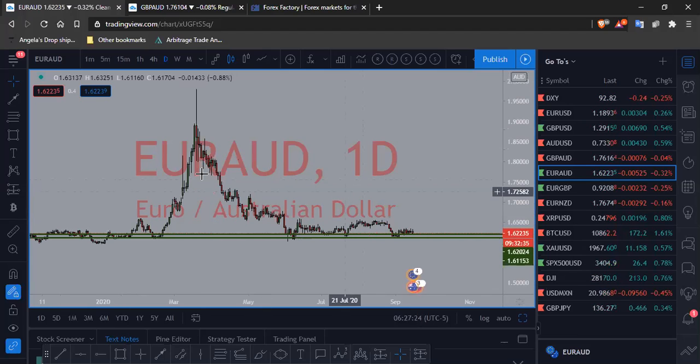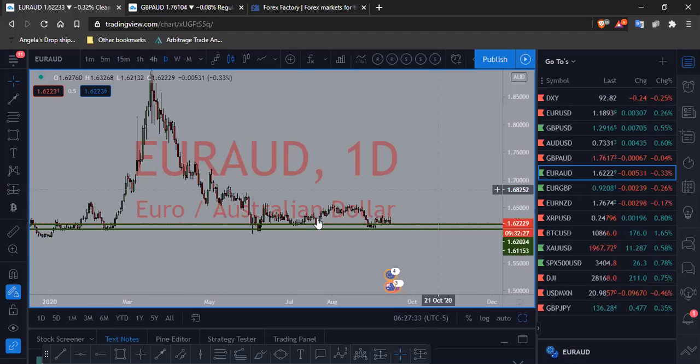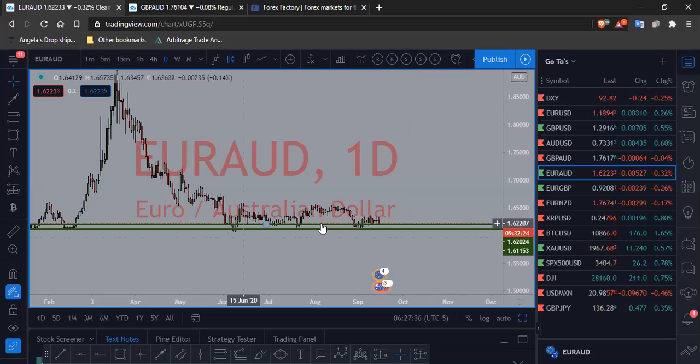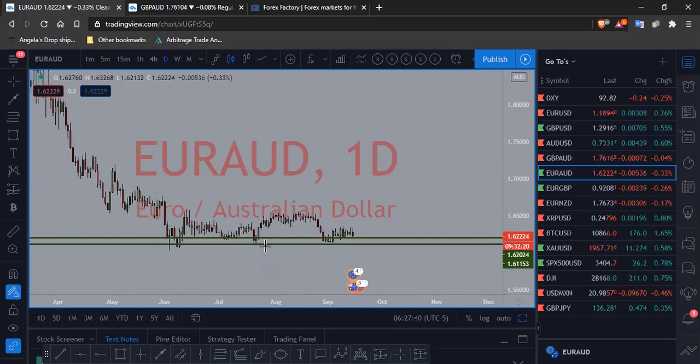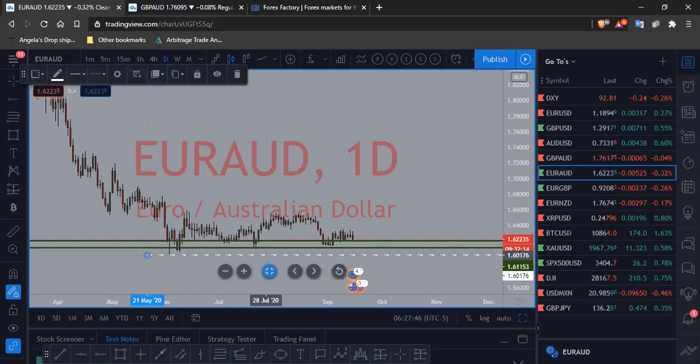But I personally, I don't know, man. I really do want to say that this is gonna buy, but at the same time, this just came down to this level 3 times already. I wouldn't be surprised to see if price came all the way down here, snatch up some stop losses, and then go bullish.